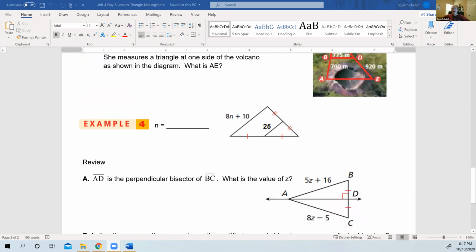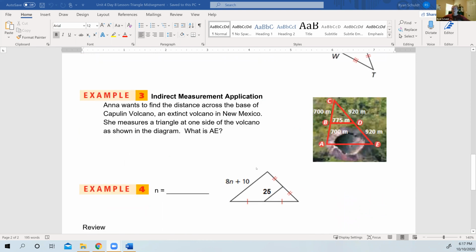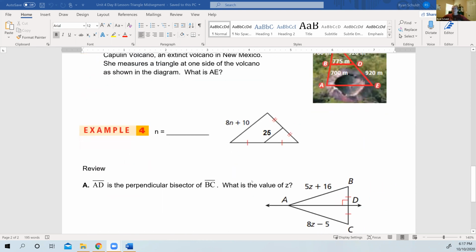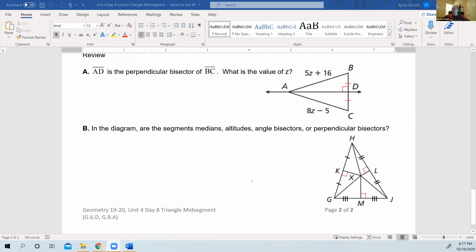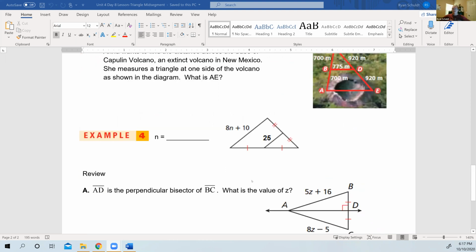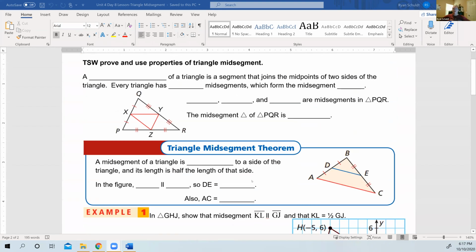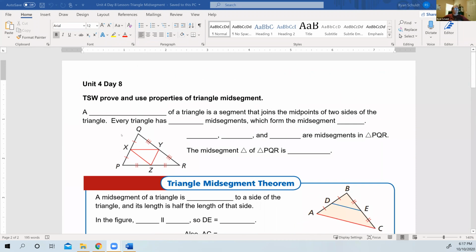We're going to apply it to real-world situations, and then review a little bit. So let's, without further ado, jump on into it and see where it gets us.